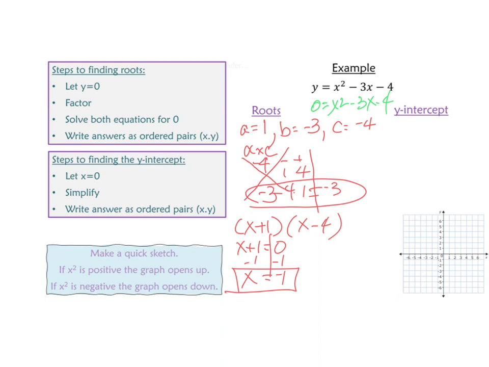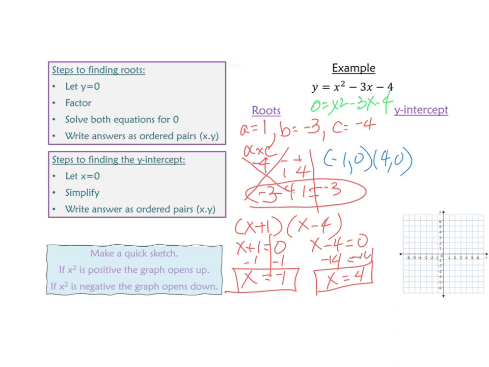Do the same thing over here. x minus 4 equals 0. The opposite of minus 4 is plus 4. And we get x equals 4. So our roots, if we write them as an ordered pair, are negative 1, 0, and 4, 0.